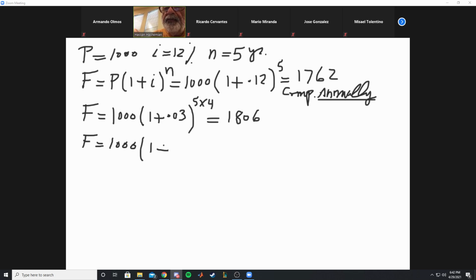You have to find interest per month, which is 12% divided by 12, which is 1%. And then you have 5 years times 12 months. So you get 1,817. As you see here, again, you get more money because every month you get interest on your principal.